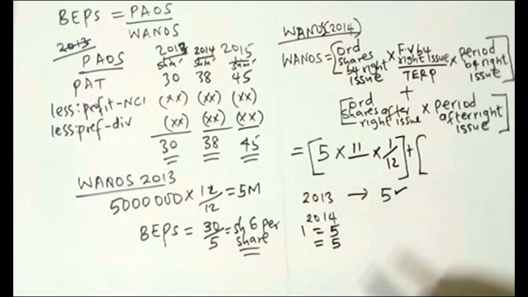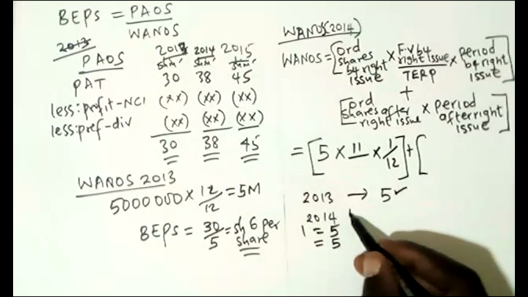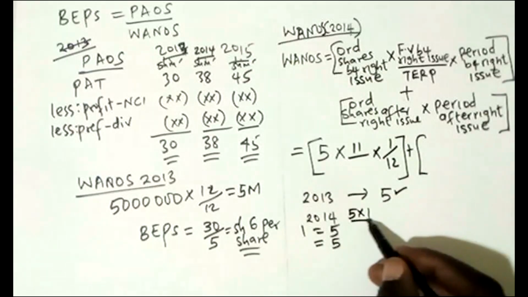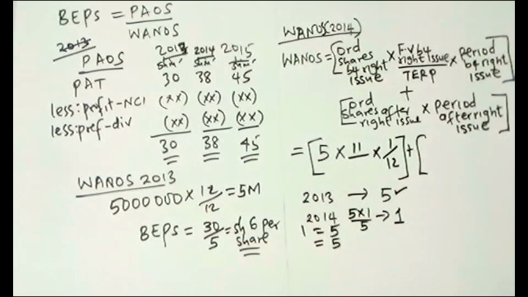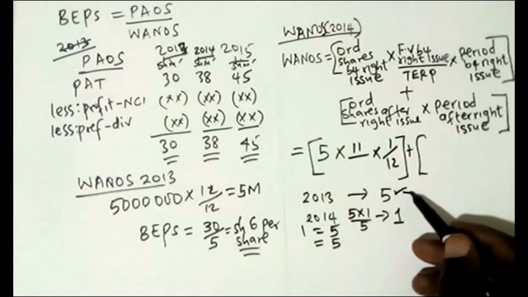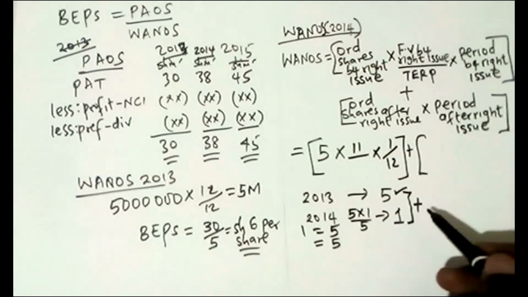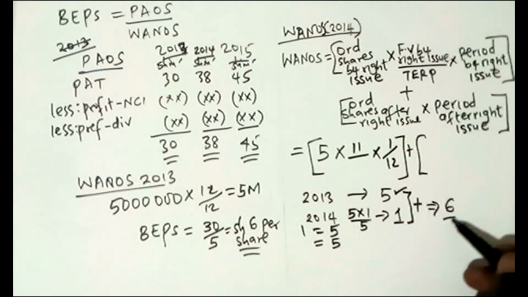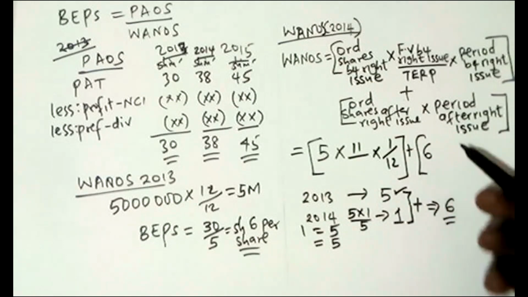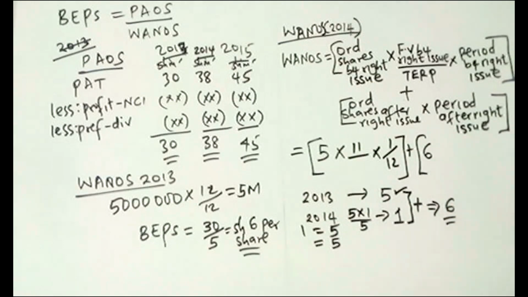So the shares issued through the rights issue are 5 times 1 over 5, which gives 1. So the ordinary shares after the rights issue would be the one before plus the one through the rights issue. And that is how I will get the 6 to take to my formula.